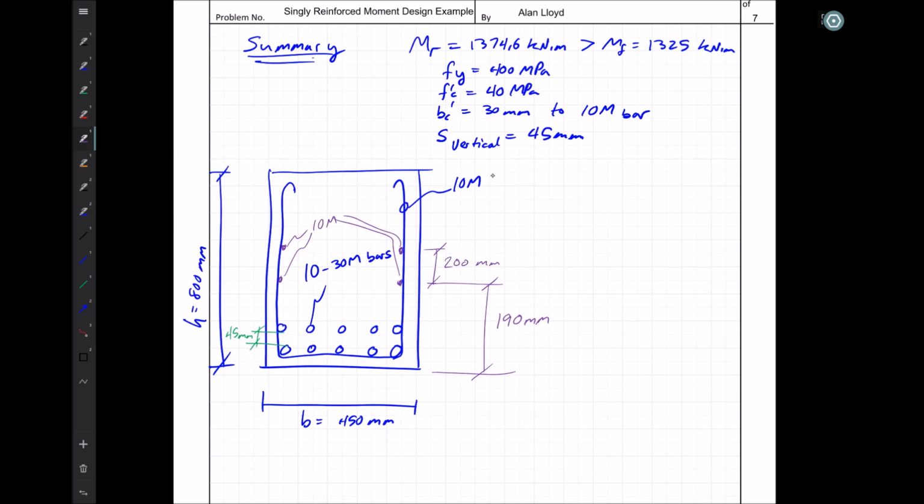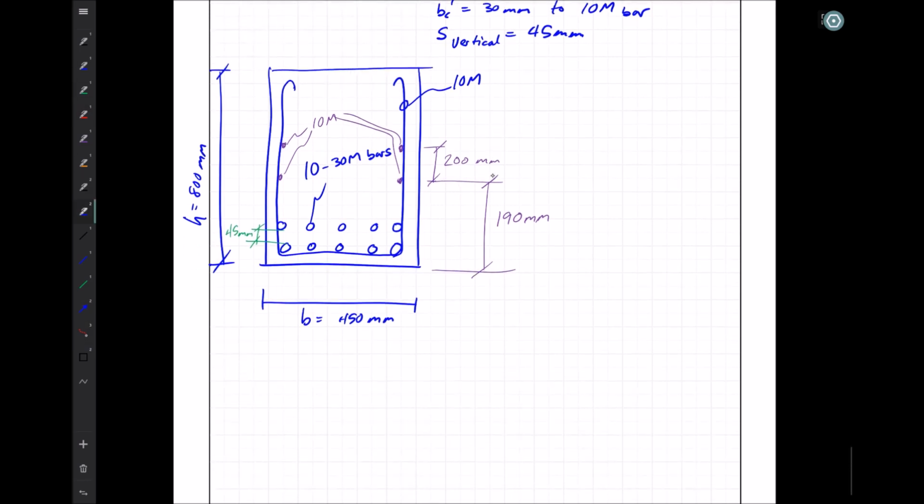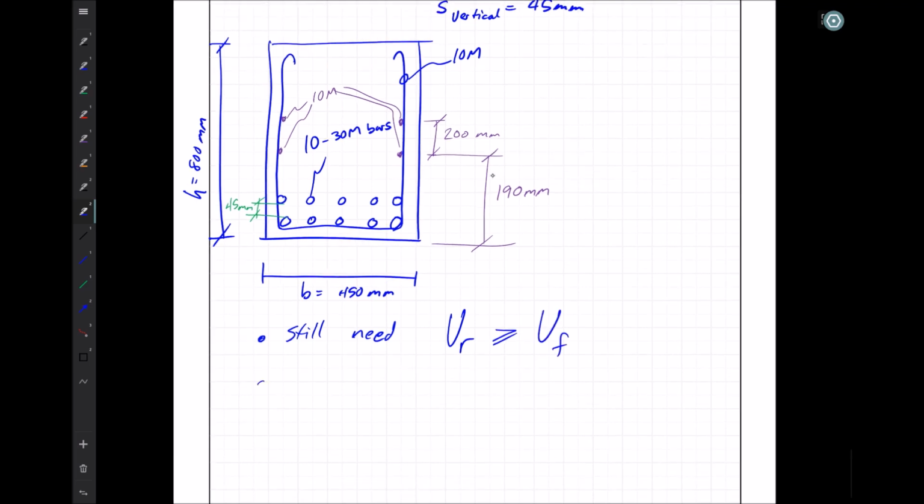So we've given all the necessary dimensions either on the drawing or up here in terms of cover, and summarized our moment resistance. We'll note finally, as was given in our problem, that we still need to ensure that our shear resistance is greater or equal to our factored shear force, and we still need to develop our bars.